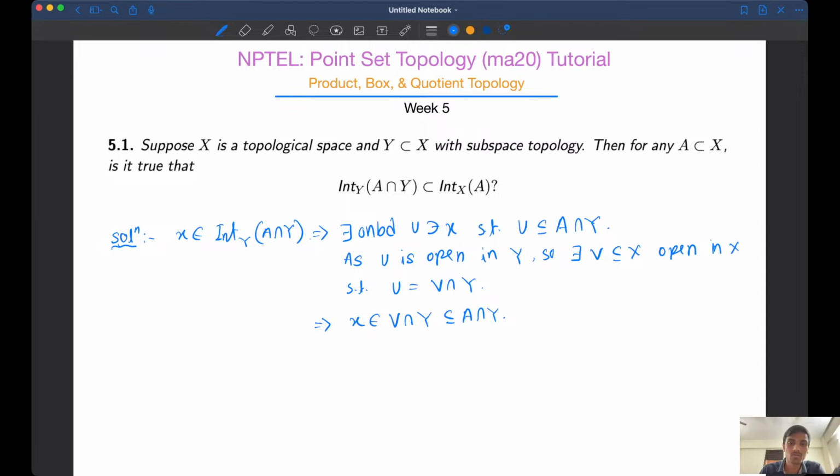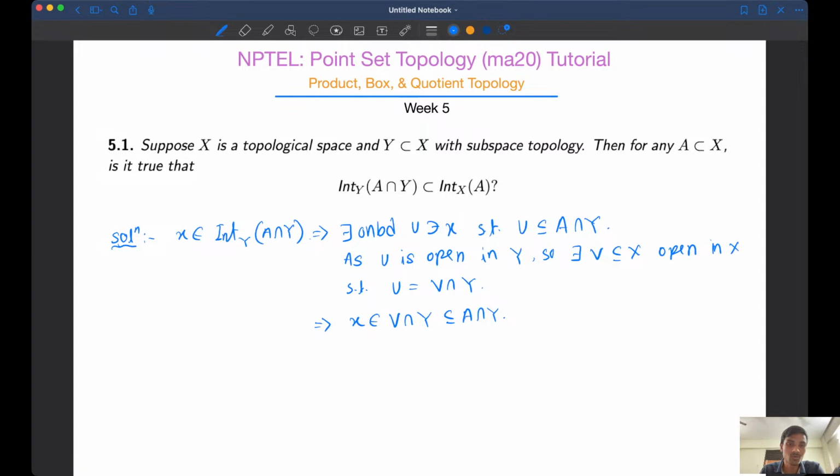Okay, so now what I want to show is that this x should lie in the interior of A. So I should get some neighborhood of x, small x inside capital X, such that the neighborhood of x is purely contained in A. But from this I can't guarantee that this V is contained in A. That I can't say from this.